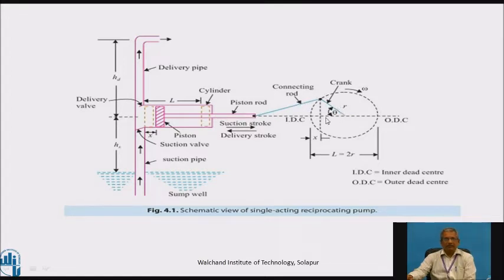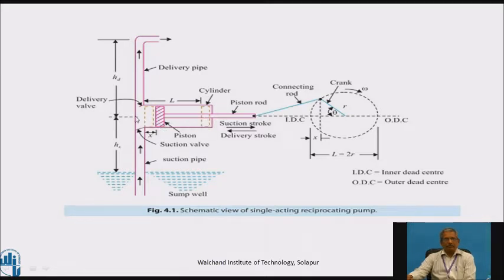The crank rotates from IDC to ODC during the first half, and ODC to IDC during the second half. When the crank rotates in the clockwise direction, it pulls the connecting rod, which pulls the piston rod and makes the piston move from IDC to ODC, inner dead center to outer dead center.